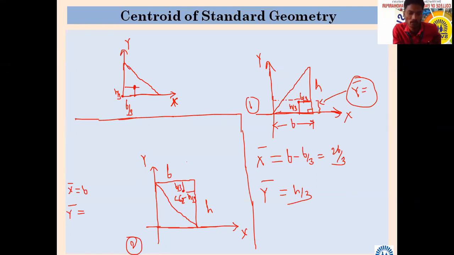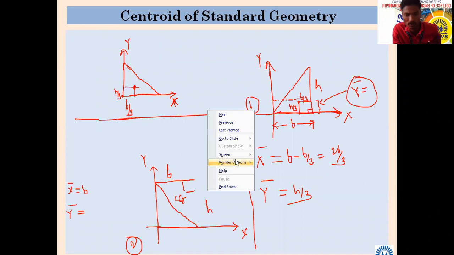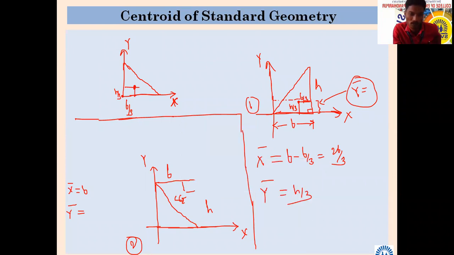What did you subtract from b? Rahul, you are correct, but tell us how. So this one is b by 3 and this one is h by 3. Very simple. So b minus b by 3 equals 2b by 3.